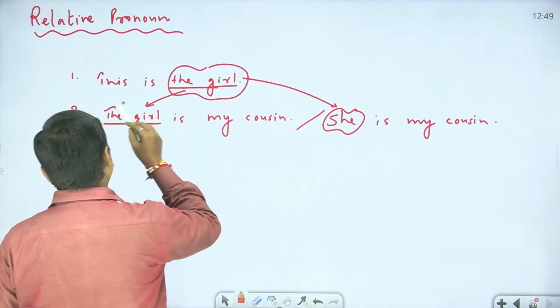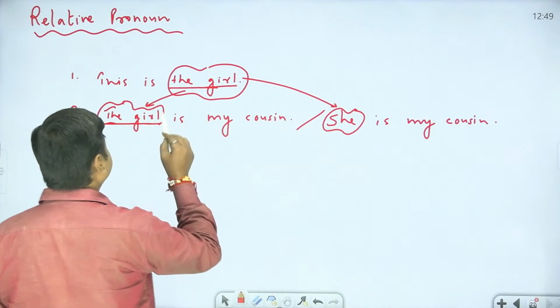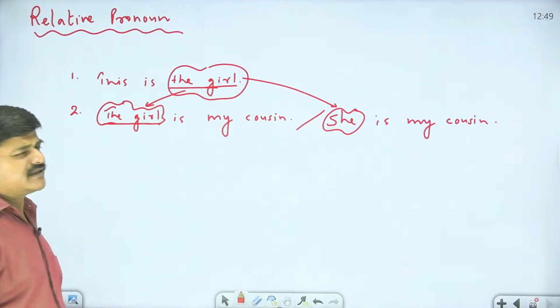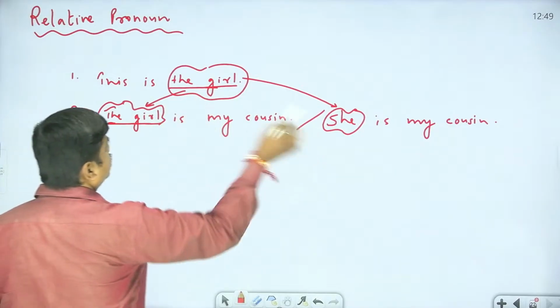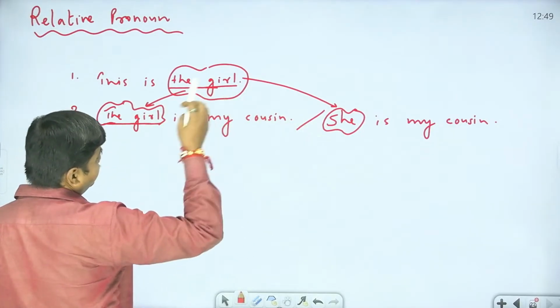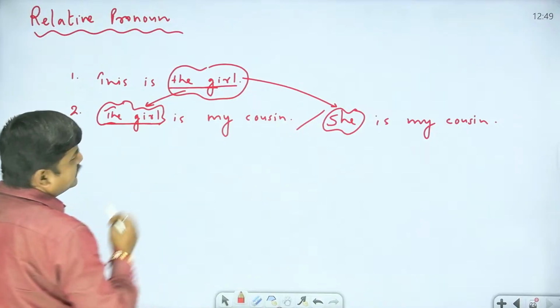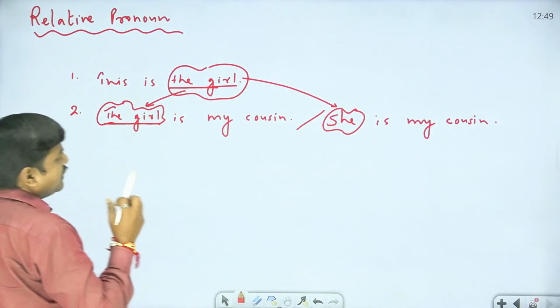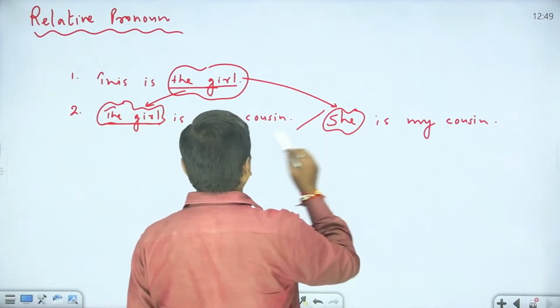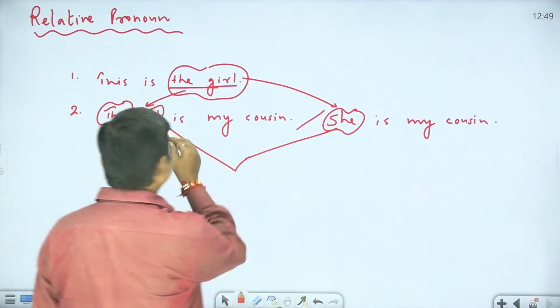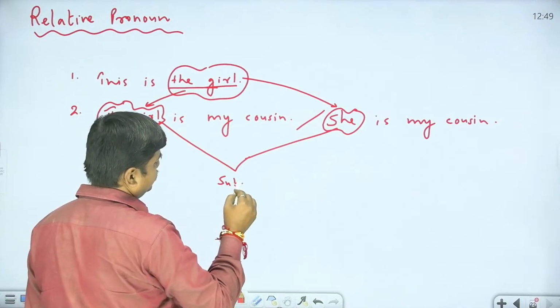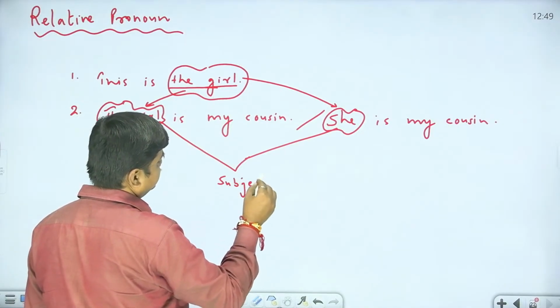Whether the sentence is like this or whether the sentence is like this, there is no difference. But this is the common word that is the link between these two sentences. Now, watch very carefully. This is actually the word, but this word is in the subject's place. This is the subject.